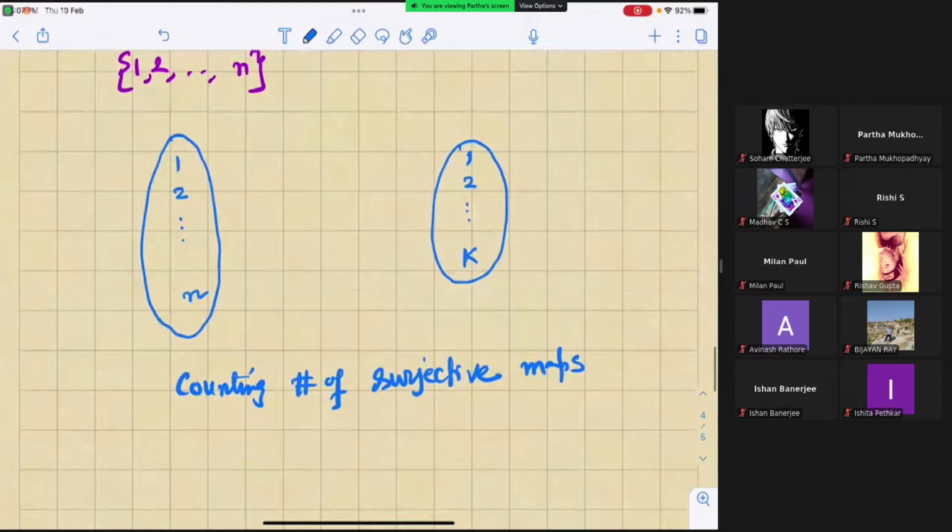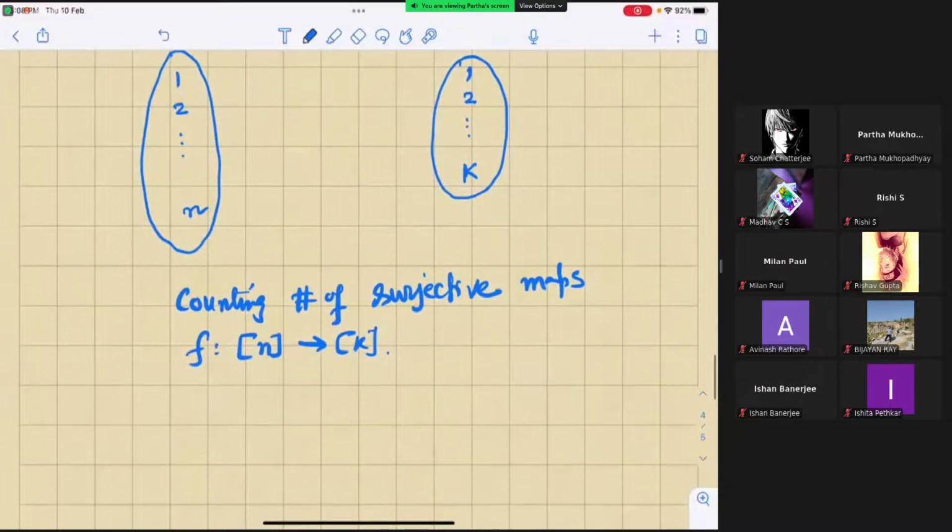Counting the number of surjective maps f from N to K. Sir, should the relation differ by a factor of k factorial? Exactly. Good.